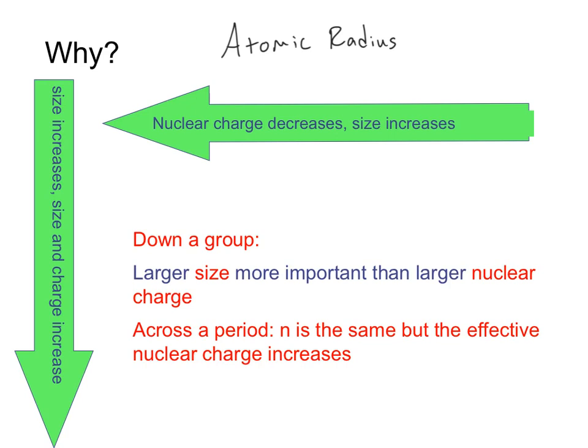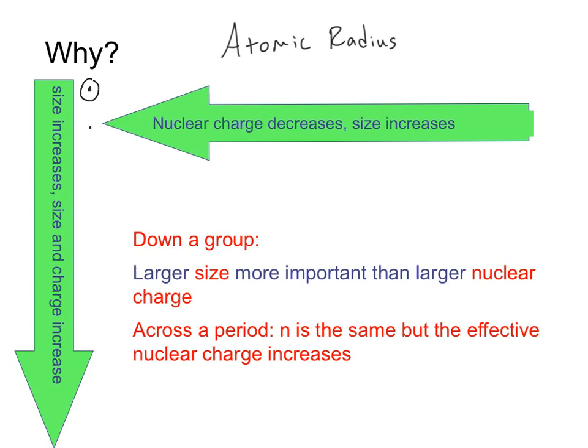As we move down a group, however, we go to further and further out Bohr shells. And so the effective nuclear charge is no longer the main player in the size of elements. Now, it's simply the fact that we're moving to further and further out Bohr shells. If we're talking about period 1 with just a hydrogen atom, we have our nucleus and just one Bohr shell.